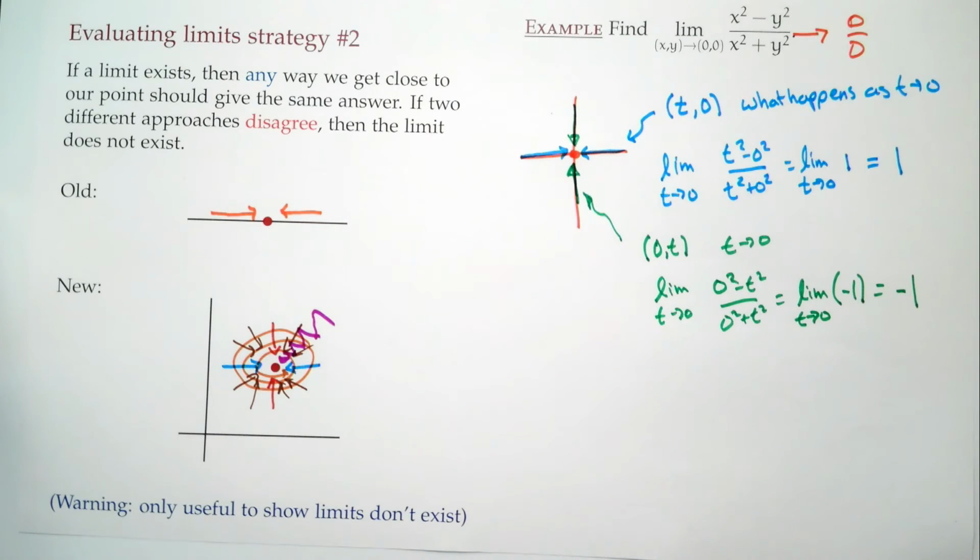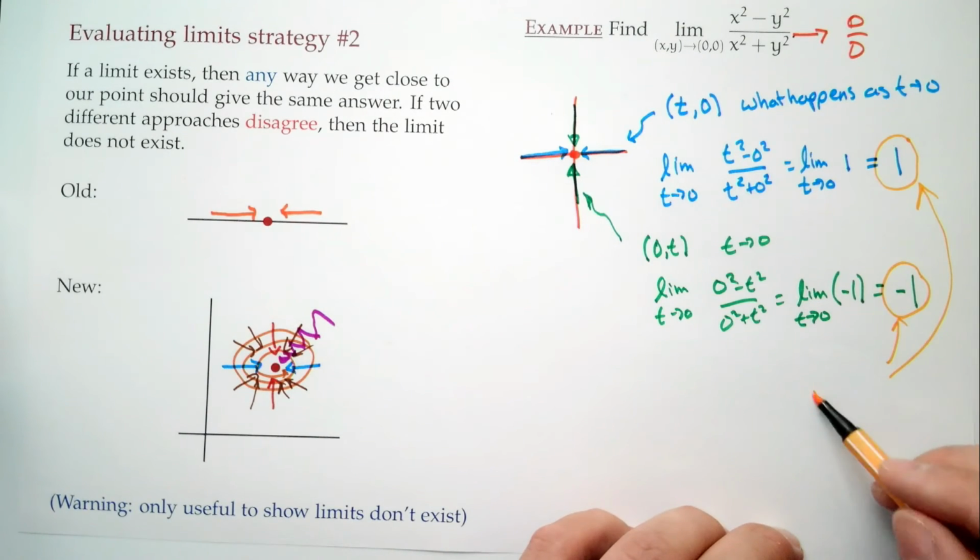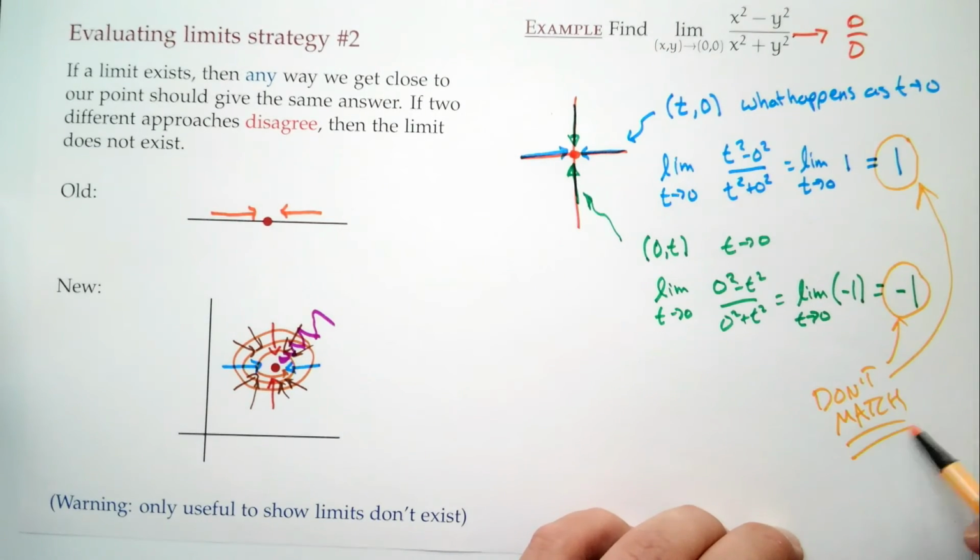And now we're at this point where we say, whoa, one approach gave me 1, a different approach gave me negative 1. And these two don't match. Well, now I'm done.